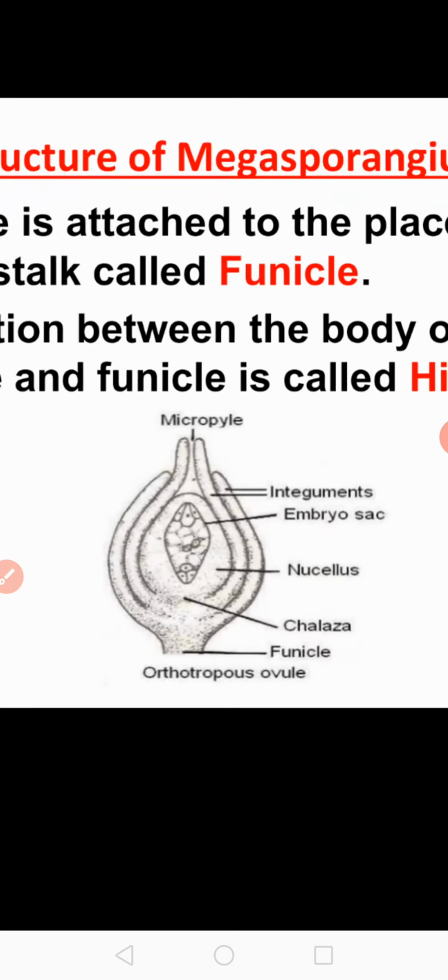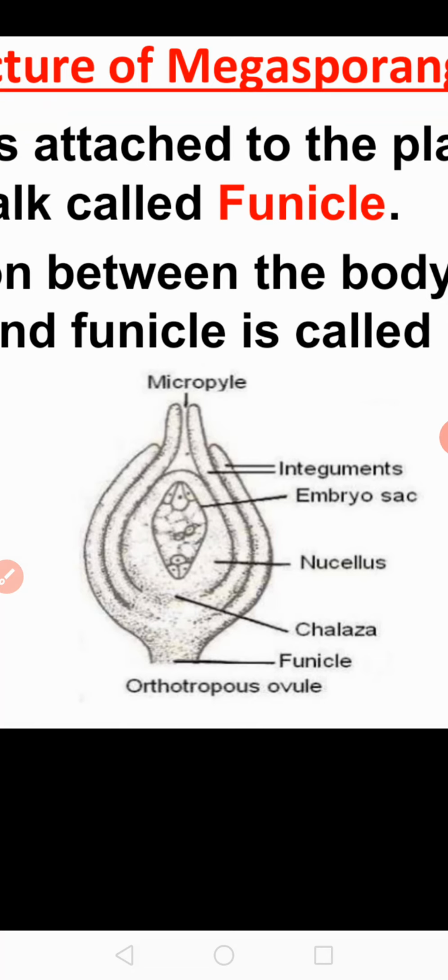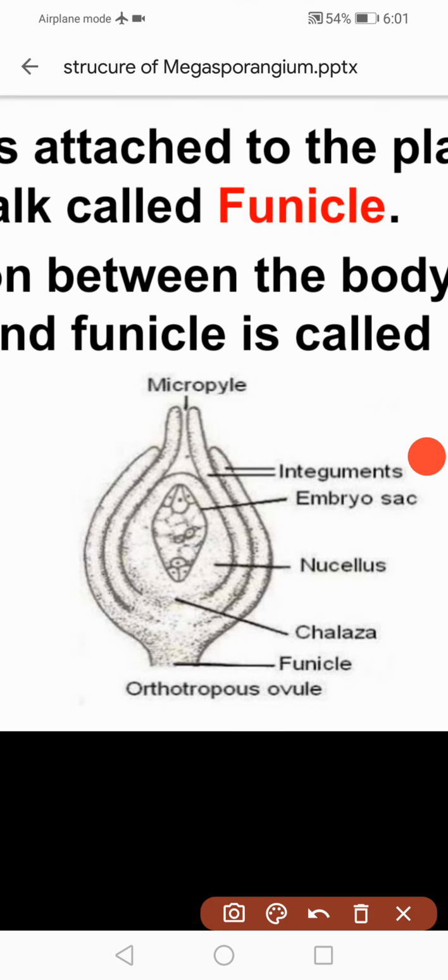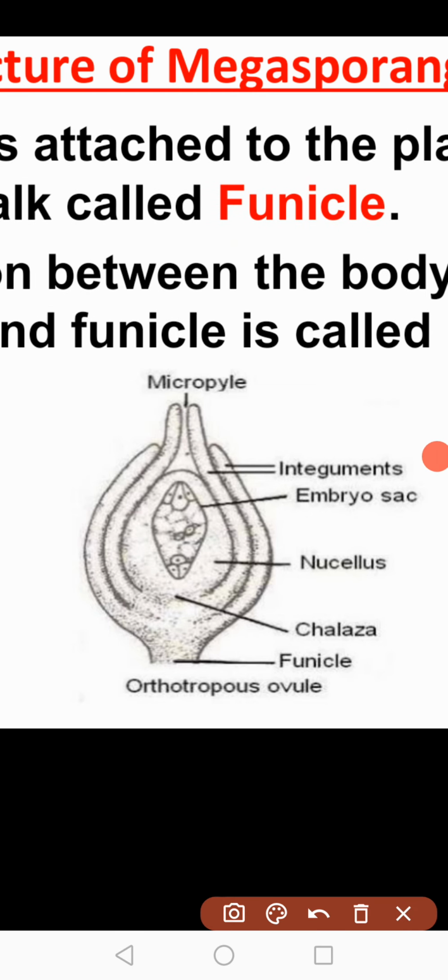So in this picture you can see the different parts. Funicle is the basal part, and the junction between the funicle and the main body is called the hilum, and each ovule contains protective layers called integuments.